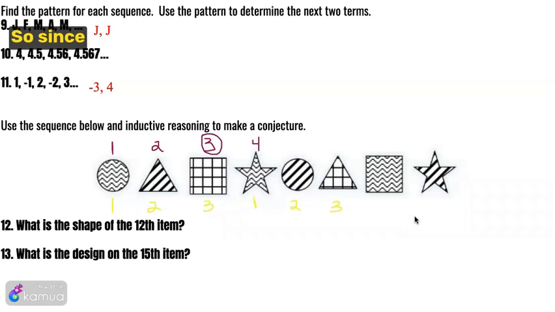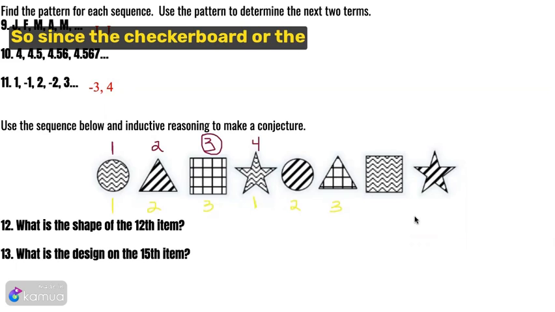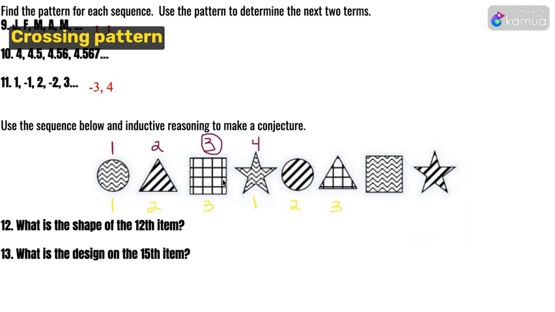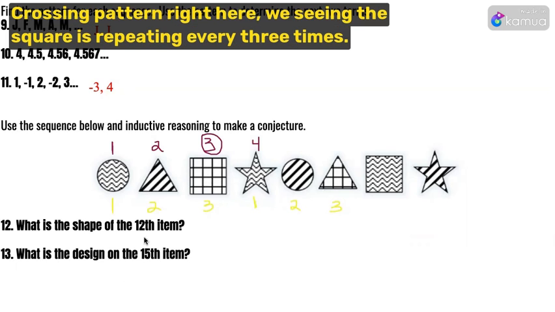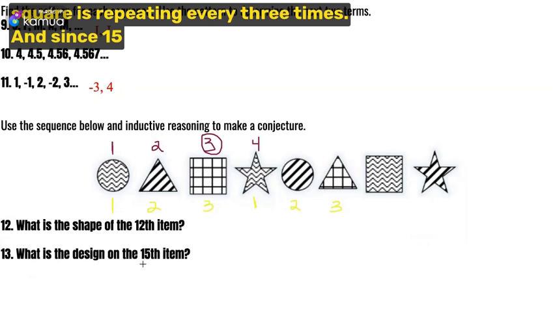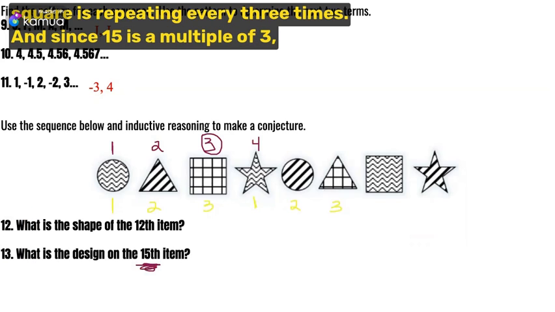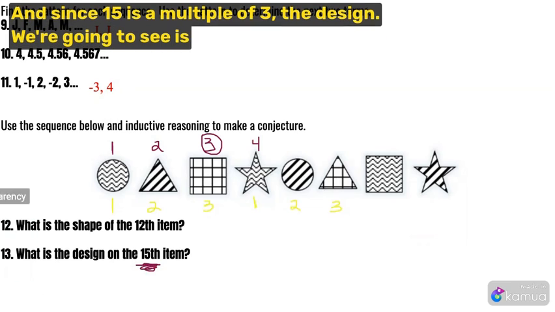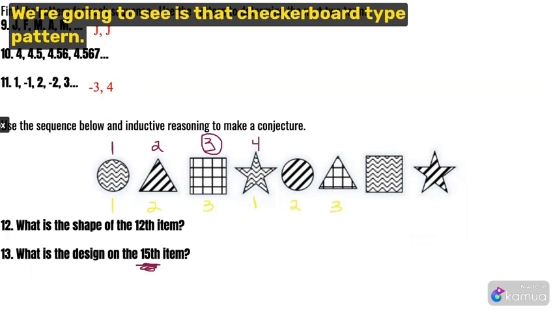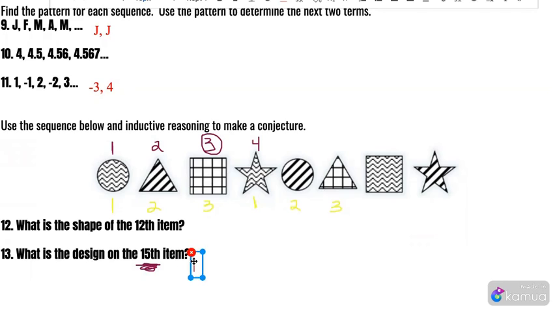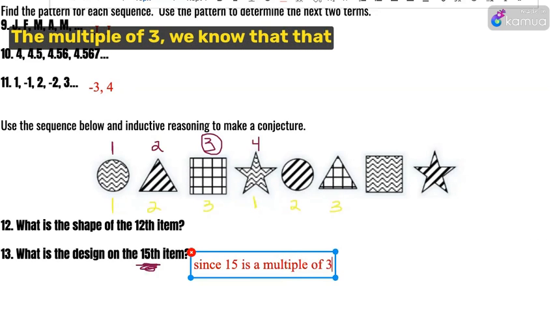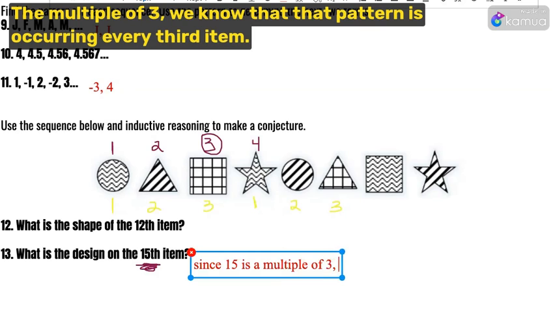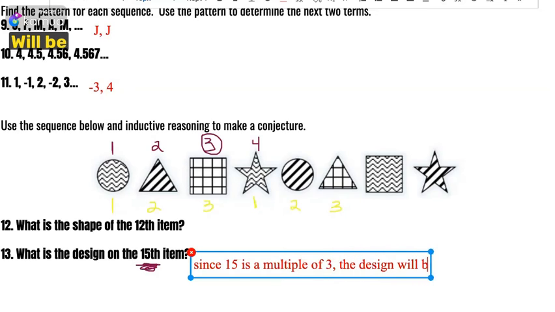So since the checkerboard or this crossing pattern right here, we're seeing this square is repeating every 3 times, and since 15 is a multiple of 3, the design we're going to see is that checkerboard type pattern. Right, so it's a multiple of 3, and we know that that pattern is occurring every 3rd item. The design will be checkerboard.